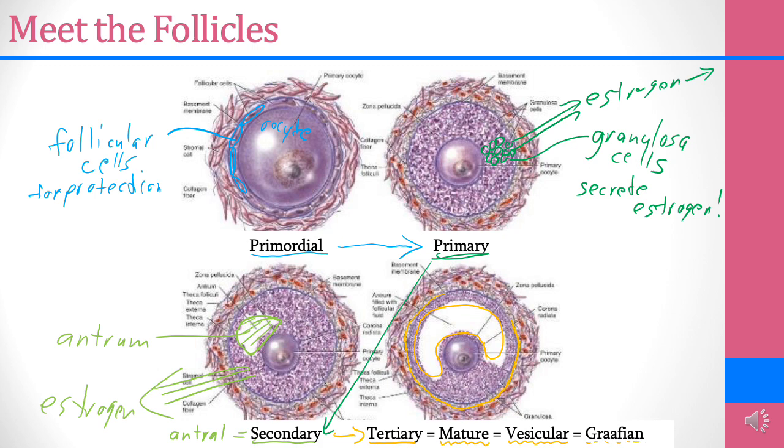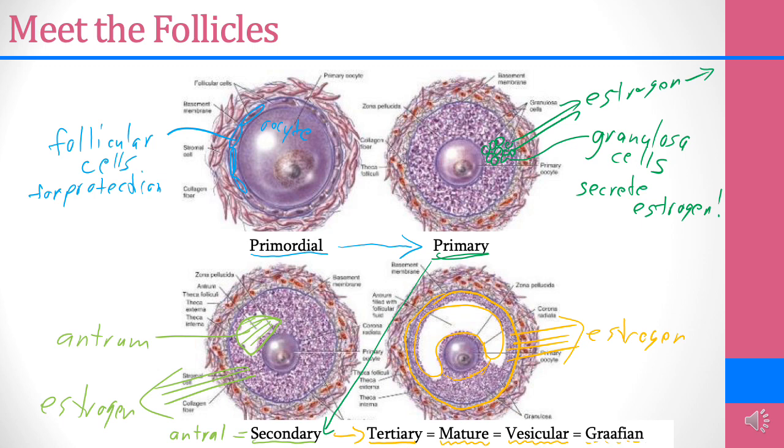So here we have some interesting features that I'll highlight in just a minute when we get into the microscopes. But once again, we still have granulosa cells that are secreting gobs of estrogen at this point. But we have our oocyte now somewhat isolated from the rest of the follicle.